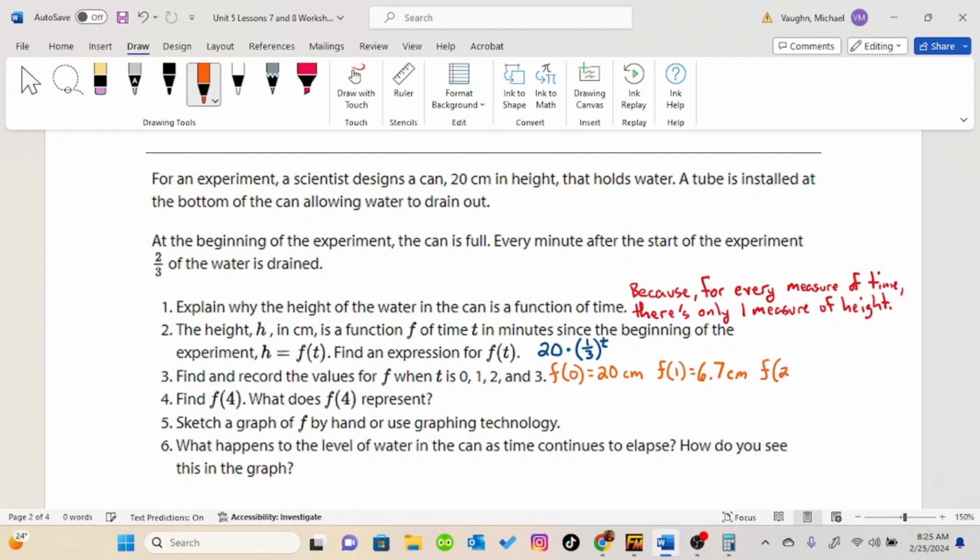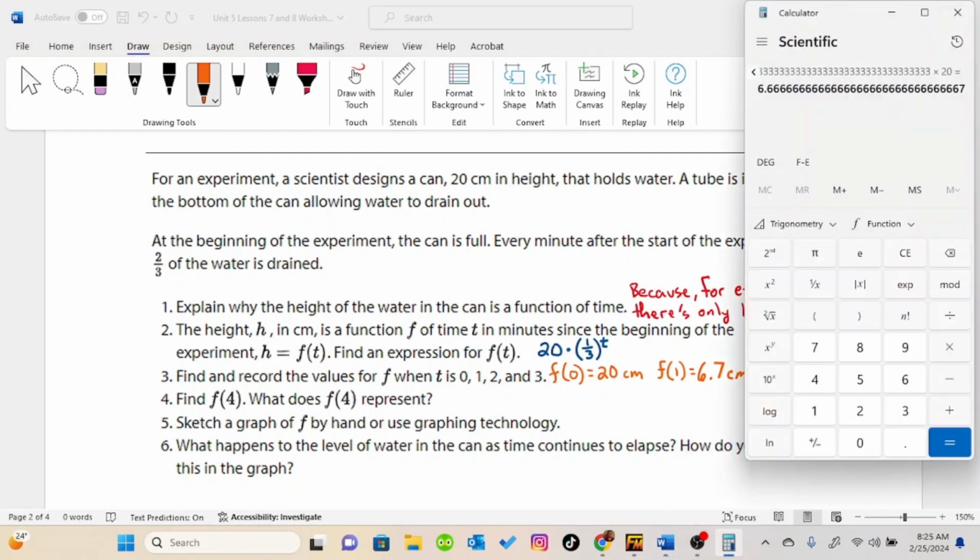F of 2 would be 1 minute later. We would multiply this amount times 1/3 again. And our amount would be down to approximately 2.2.